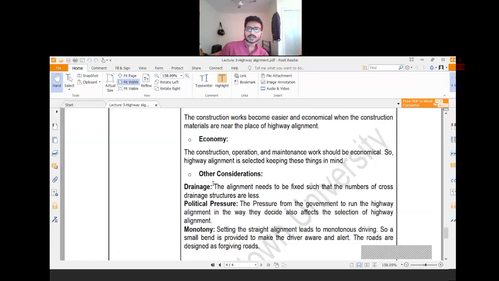Now, if the water from that waterfall crosses a particular alignment or particular road, in that case also, you need to take special care for that portion of the road. You need to make some extra facilities to facilitate this type of cross drainage structure. Okay, so in that case, it is always advisable to avoid such types of cross drainage work.